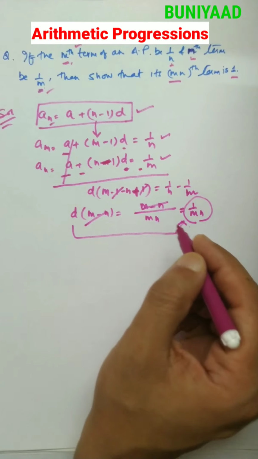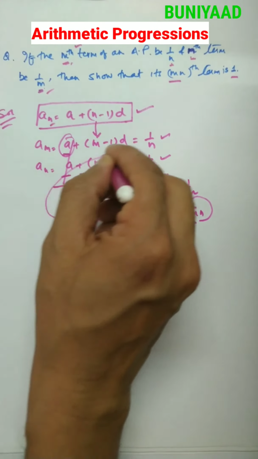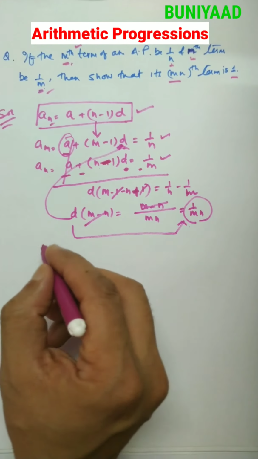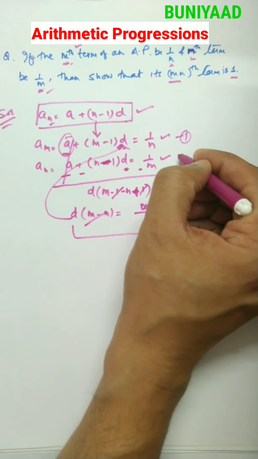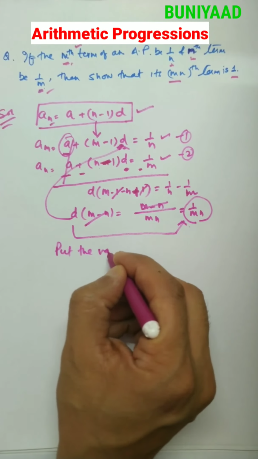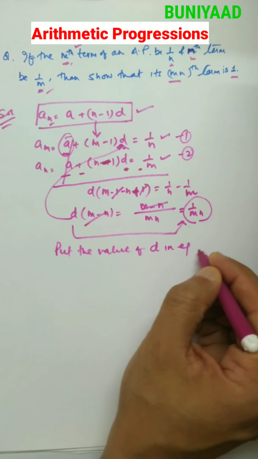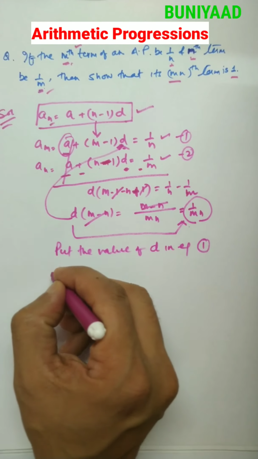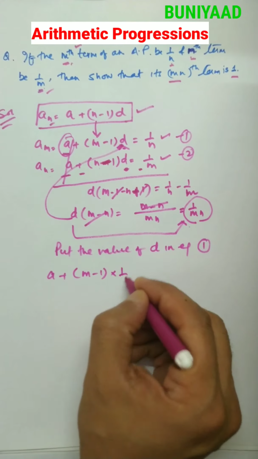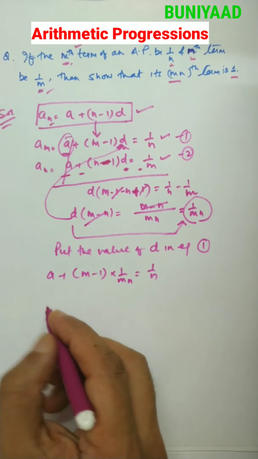Now how to get the value of the other variable? What is the variable? a is the other variable. How will you get it? Just put the value of d in this equation, right? So this is suppose equation 1, this is equation 2. Then put the value of d in equation 1. a plus m minus 1 d, what is d? d is 1 by mn, equals 1 by n.